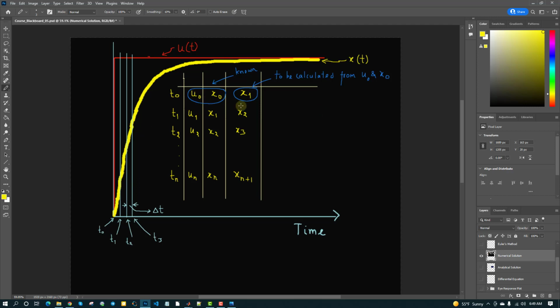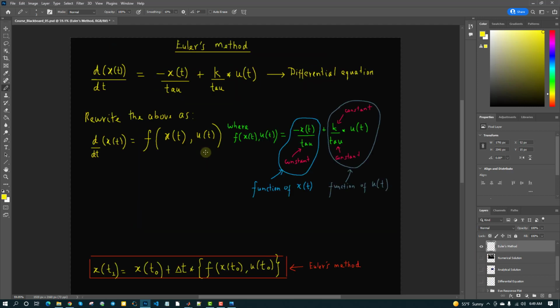So this is the general idea for solving a differential equation using numerical integration, but there are very many methods to calculate the response of the system for the next time step, given the value of the input stimulus and the system response at that time instant. One such method is called Euler's method. By the way, there are very many different methods of numerically solving differential equations, like Runge-Kutta, for example, and Adams-Bashforth.